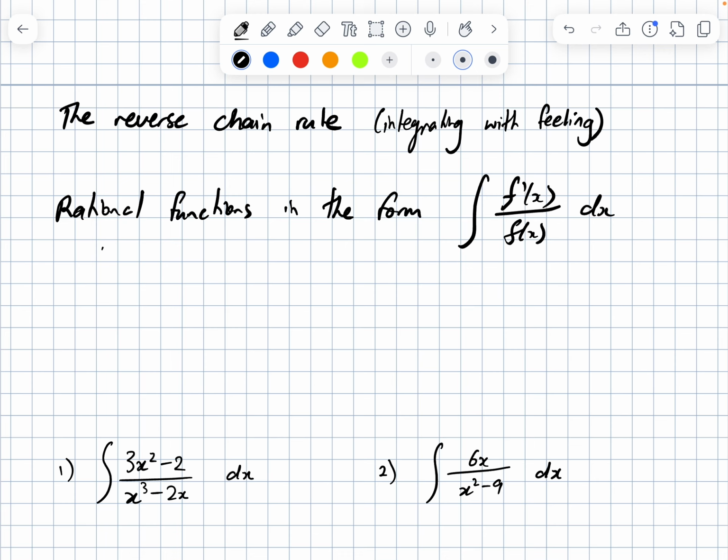Now, in terms of what this will integrate to, we first need to look at an example function where y equals ln of some sort of function of x.